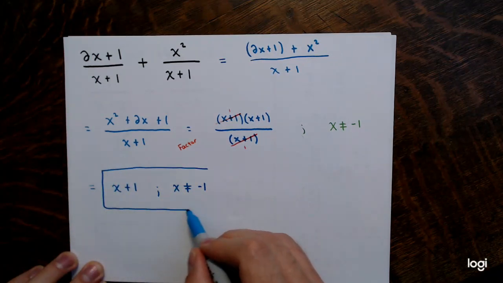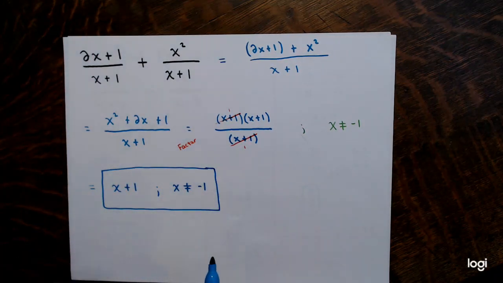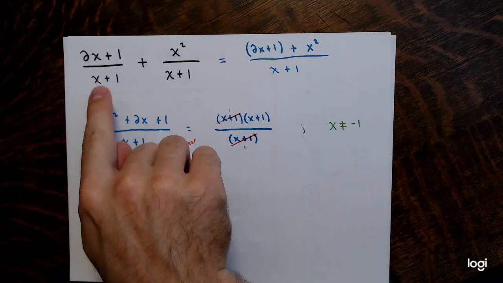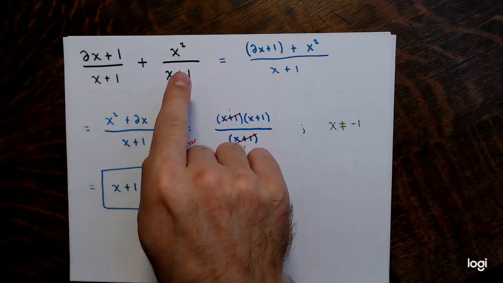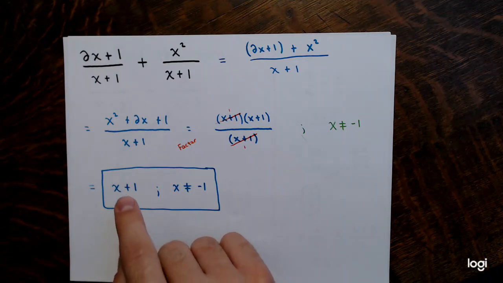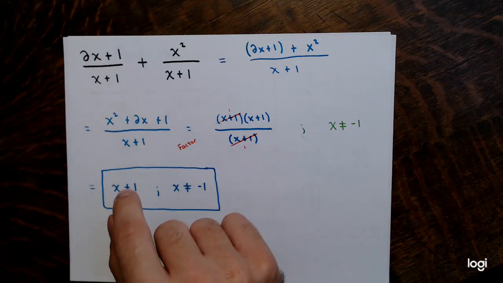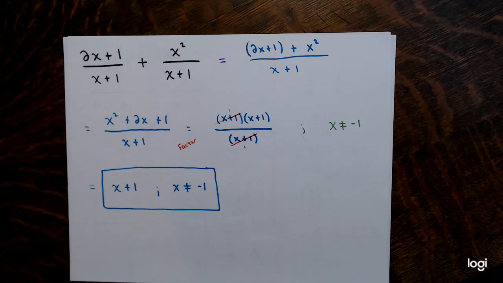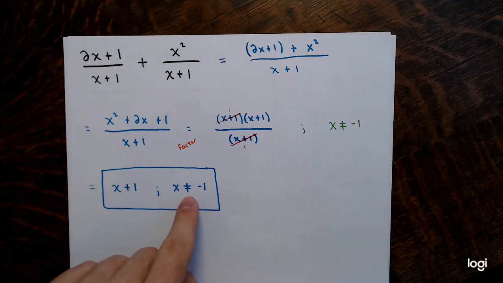And again, if you want to test this, plug in a value for x. Is this sum truly equal to this, x plus 1? Well, if this sum is really equal to this here, then you should get the same value for both of these whenever you plug in a value for x, as long as it's not -1, because you'll divide by 0.